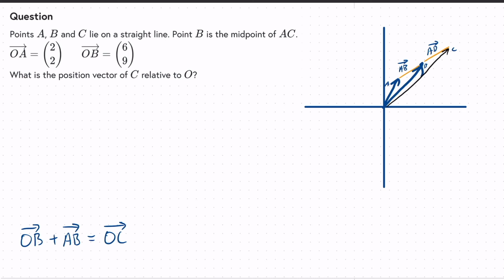So let's begin. What do we know? Well, we know that OA plus AB is equal to OB. Right, that's how I end up there. So OA plus this AB is equal to OB.